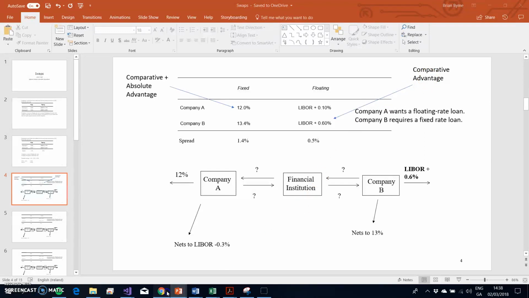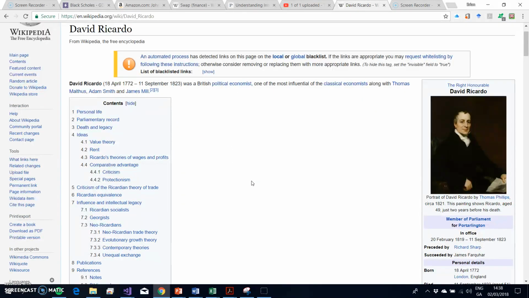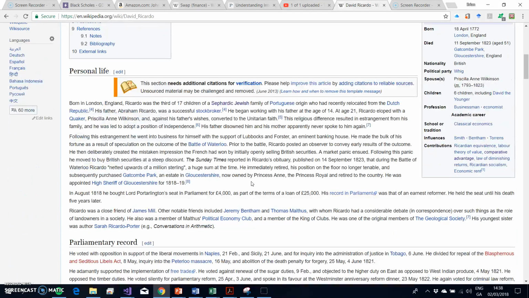I think we can go back to David Ricardo, a British political economist in the early 19th century, who made use of these terms when describing the rationale for international trade.